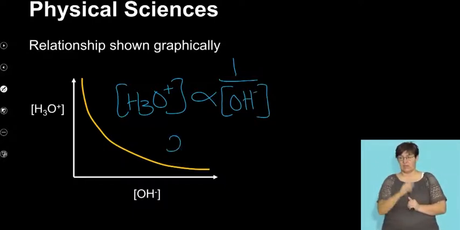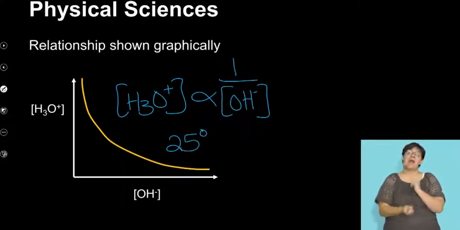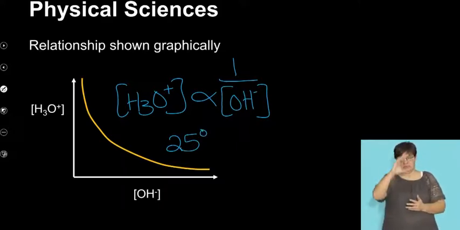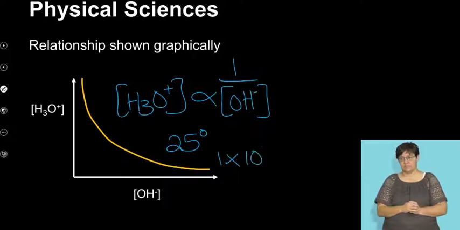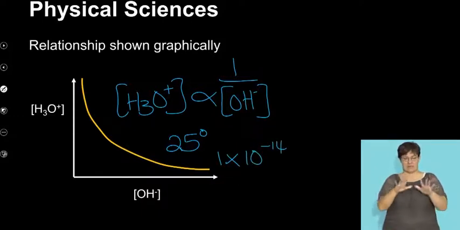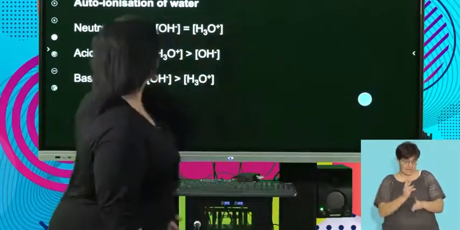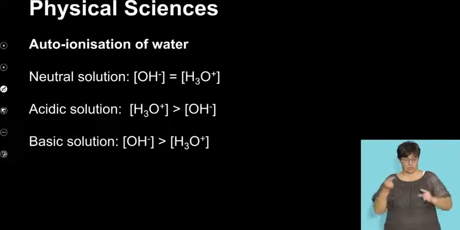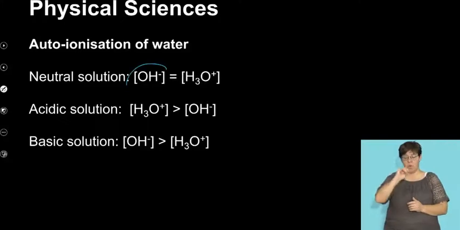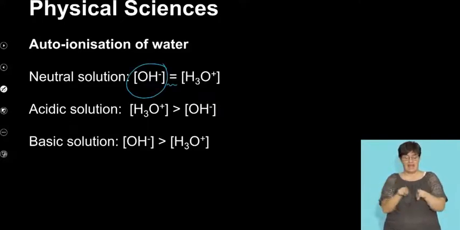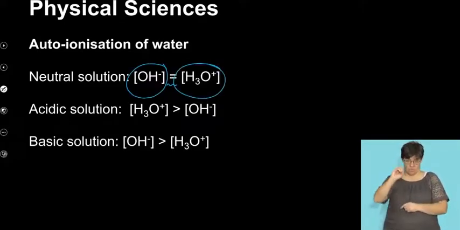But again, remember, you can only make that statement for Kw to be that value at 25 degrees Celsius. So to recap again, if you have a neutral solution, your hydroxide ion concentration is equal to your hydronium ion concentration.